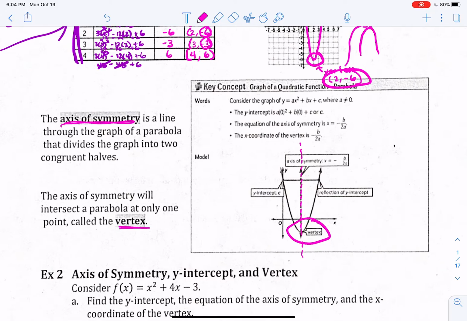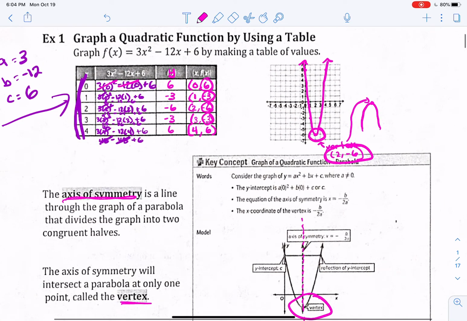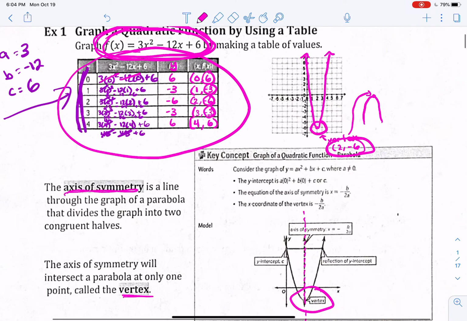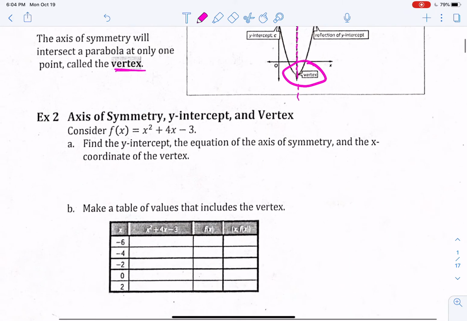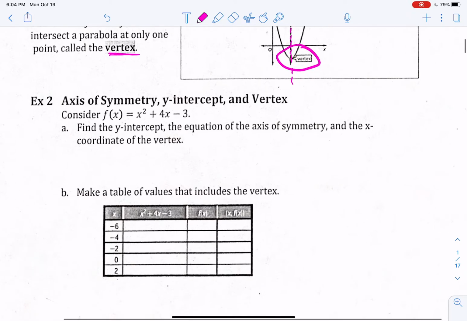And the beautiful thing about quadratic functions is that we don't necessarily have to make a table of values in order to find the vertex of an equation like this one, okay? It involves using another formula that takes just a little bit of time, but we can take this original function and use the formula without doing a table of values to find that, okay? So we're going to go through here.